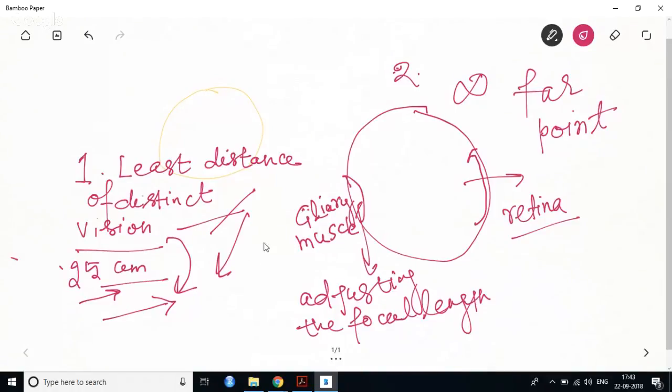If in a question you have been given a least distance of distinct vision less or more than 25 centimeters, you have to understand that the person has a certain eye defect and we need to use a certain kind of glass. I'm discussing two distinct kinds of eye defects.